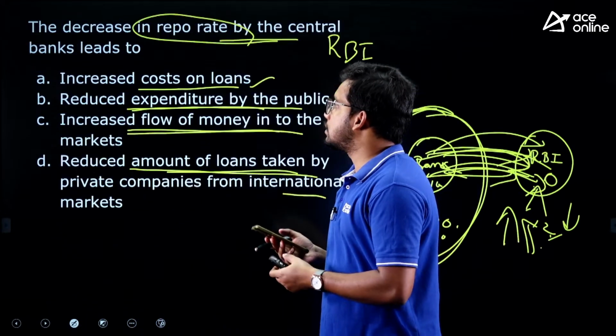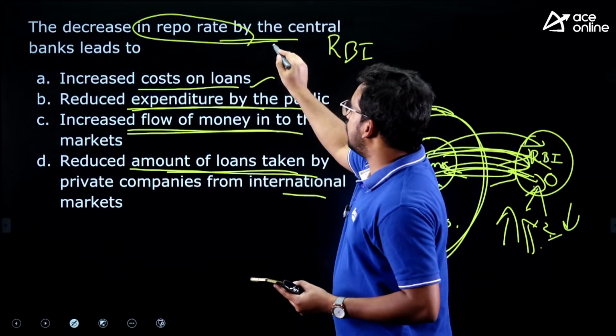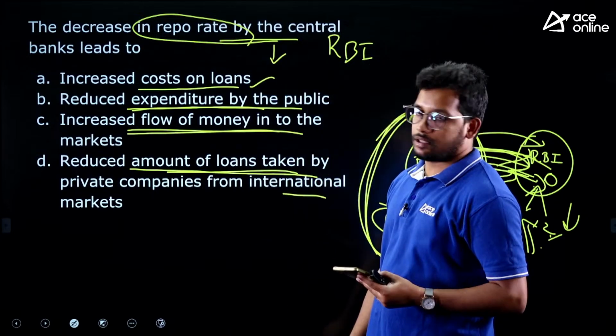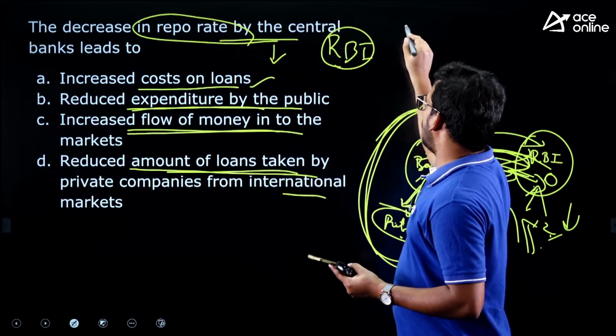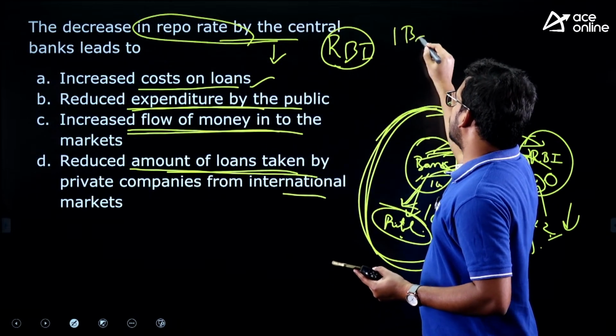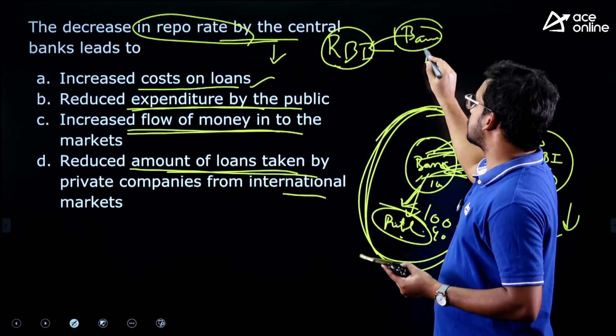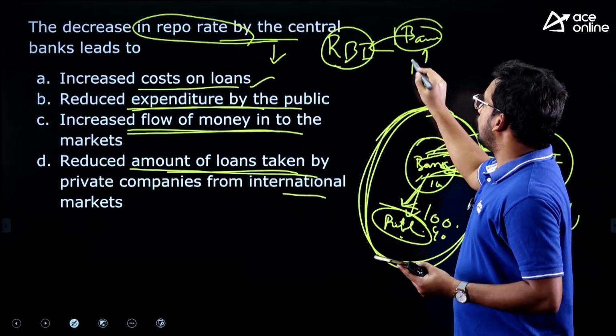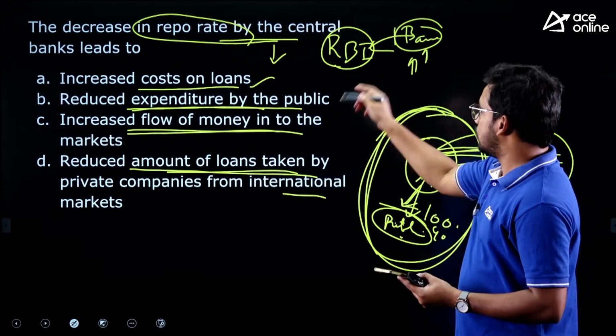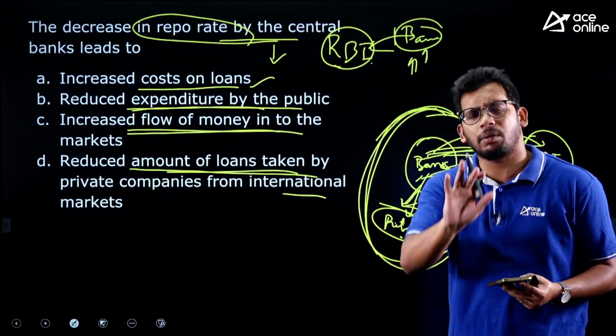Now answer this question. Whenever there is a decrease in repo rate, banks take money from RBI when there is less money. The rate is reduced, so RBI is asking them to just give 1%, 2%.